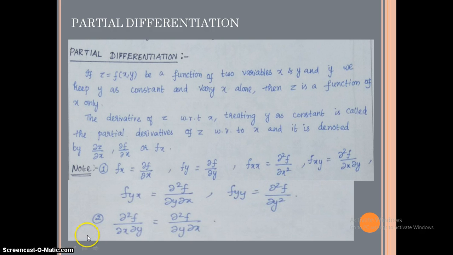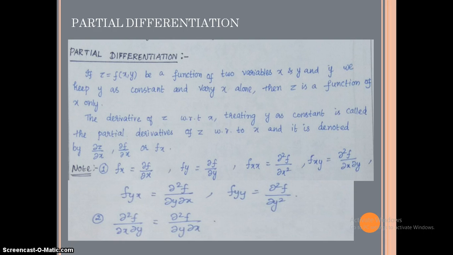Note number 2: dou square f by dou x dou y equals dou square f by dou y dou x. These both are the same. So these are the basic notations we will use in the problems in this unit.